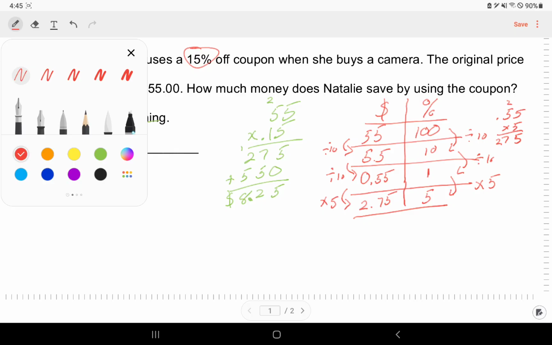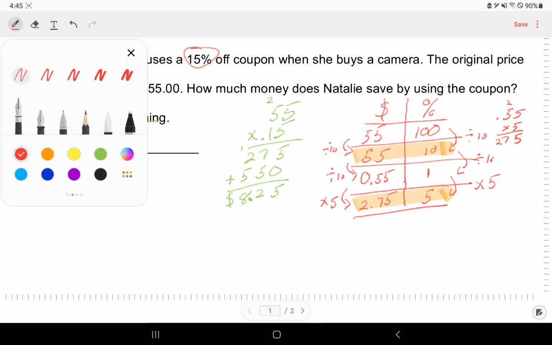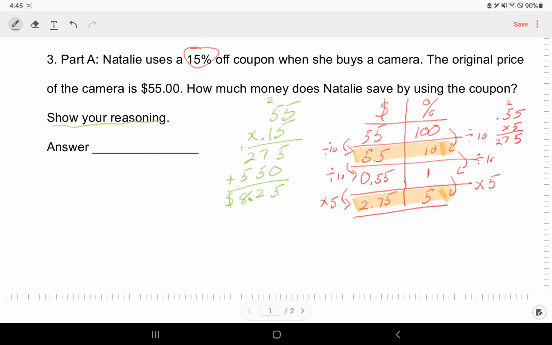And now I have 10 and 5. Well, 10 plus 5 is 15. And so I add these two, the 550 and 275.